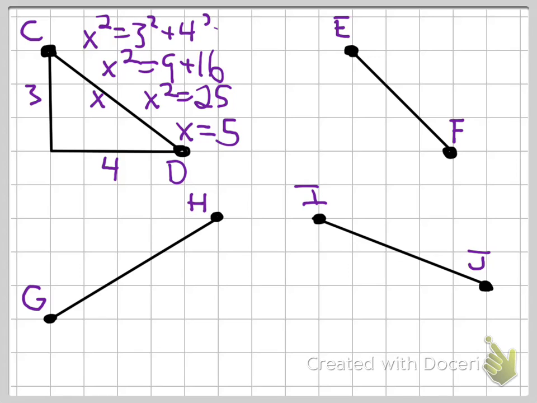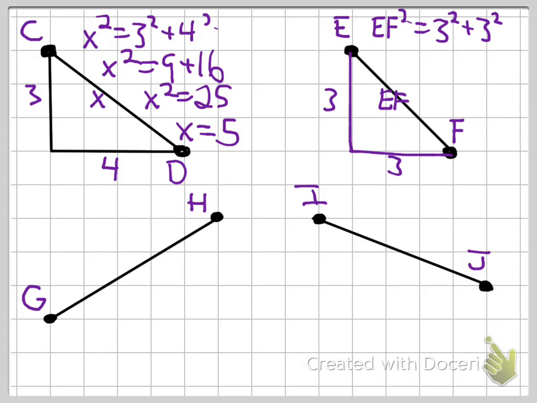Let's go over to E and F. Drop this down, make a triangle. My two legs are going to be 3 and 3. So now my hypotenuse, we'll use a little better notation here. We'll call it EF because it is a segment. We're looking at the segment length. EF squared is equal to 3 squared plus 3 squared. EF squared is equal to 9 plus 9, which comes out to be 18.